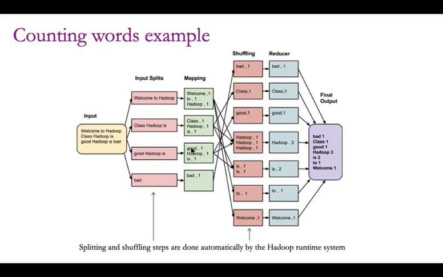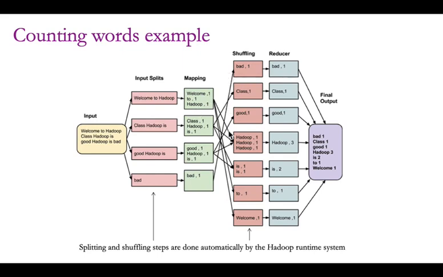The map step is between the red and green here, and the reduce is in the blue. So if your input is this text here, welcome to Hadoop class, Hadoop is good, Hadoop is bad. It's just some text. That text is broken into pieces and given to a bunch of mappers. And remember, the mappers output a list of words along with the number 1 for the word when it's seen.